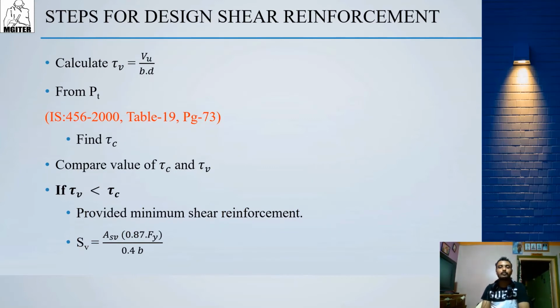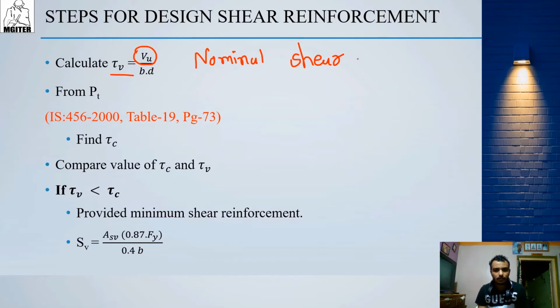Then after that we have to design the shear reinforcement. So how do we design shear reinforcement? First of all we have to find tau v. We can find tau v by the shear force Vu upon Bd. Tau v is the nominal shear stress.